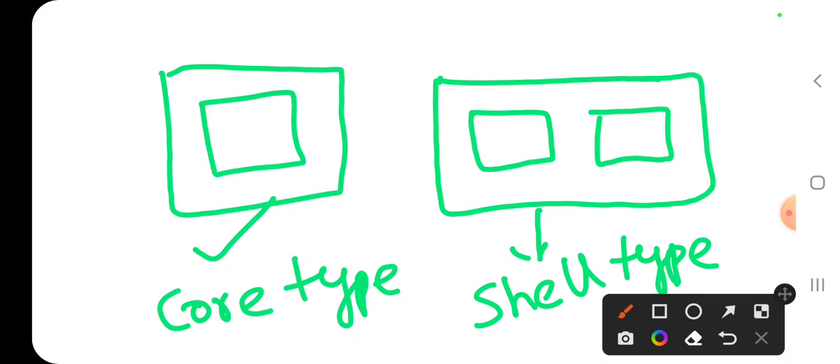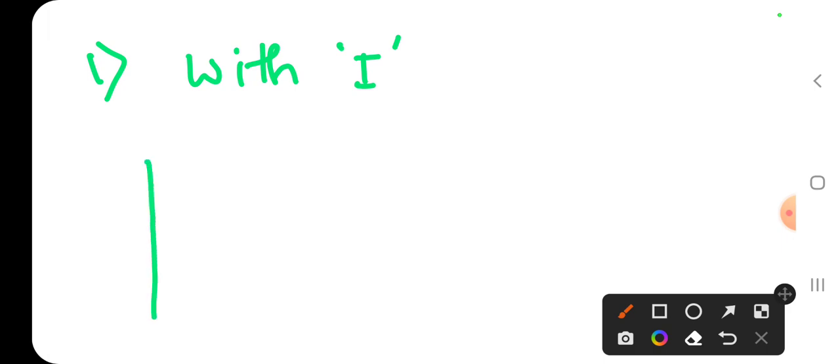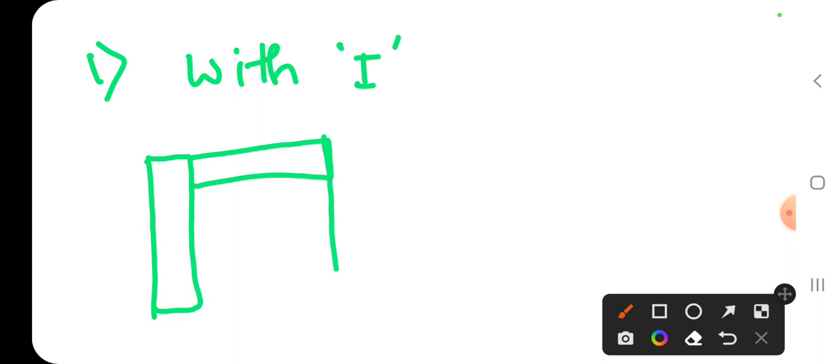Now the question is, how can we construct the core type transformer with these laminations? This is very simple. First, with I-shaped laminations, like this.